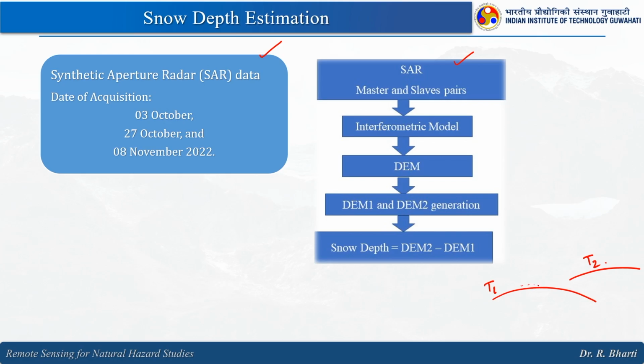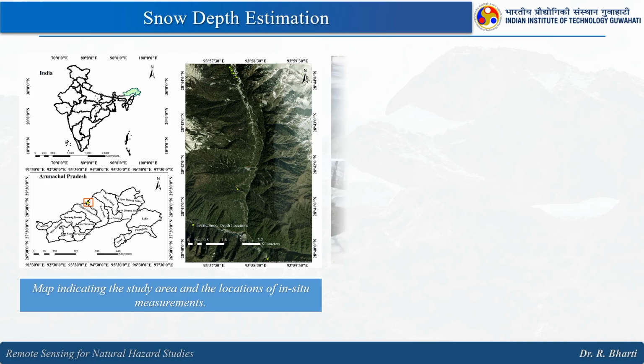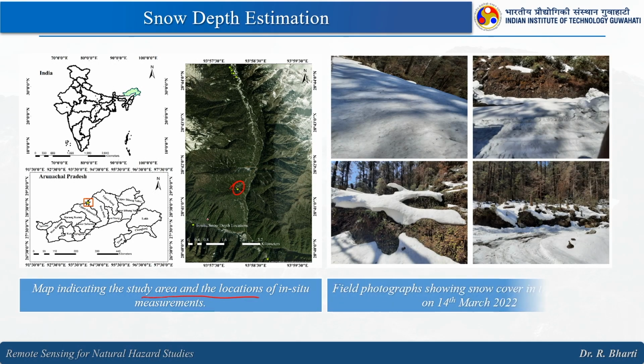If there is a change in the height, that we will consider the snow accumulation, right. So, that is being used here for identifying the snow depth. This is further utilizing the other method. Here you can see the study area and the locations are highlighted where we have done the field investigation, right. And these are some of the field photographs.